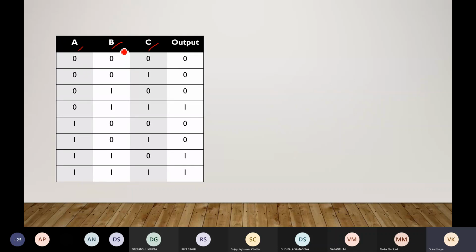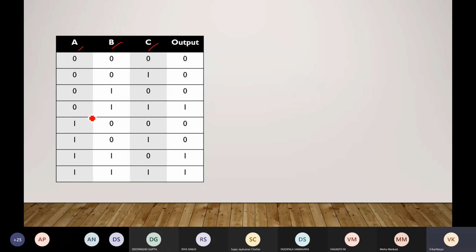The circuit is something you don't know, but you know that if you input 0 for A, 0 for B, and 0 for C, you get output 0. Similarly for all the other combinations of input, you get these outputs.